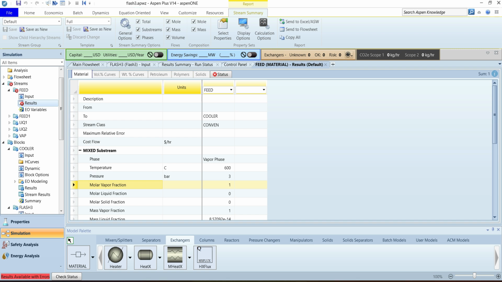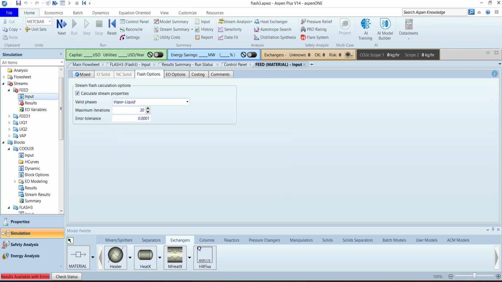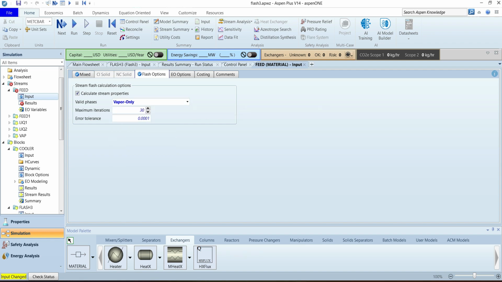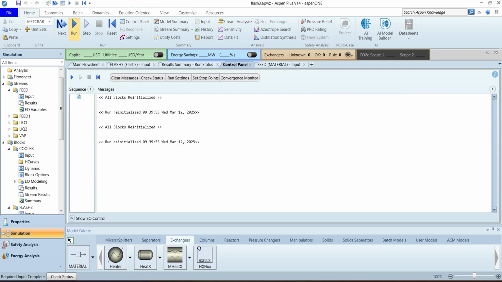So that's already intuitive. Since the temperature is really high, for such cases we can also conveniently omit any multiphase system and stick to the single phase. So let's define vapor only to help Aspen Plus not to perform any flash calculation for this stream. We can flush the results from the initialization and run the simulation once again.